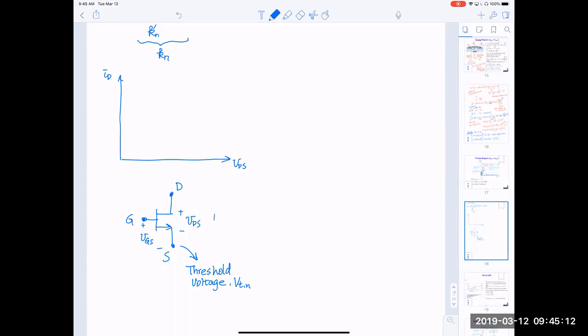Okay, so this is an NMOS. Later on, we will talk about PMOS and eventually complementary MOS that includes both N and P. The threshold voltages are usually different for N and P. So it is important to keep track of the individual threshold voltages.